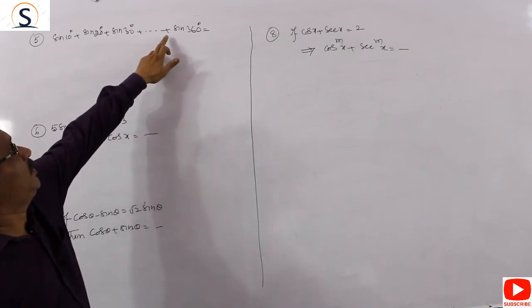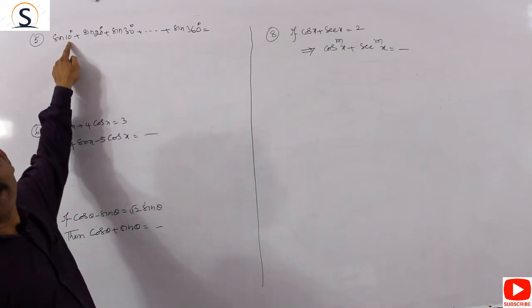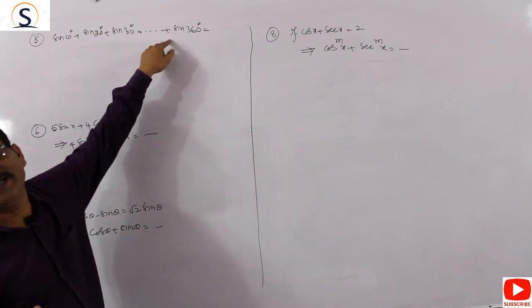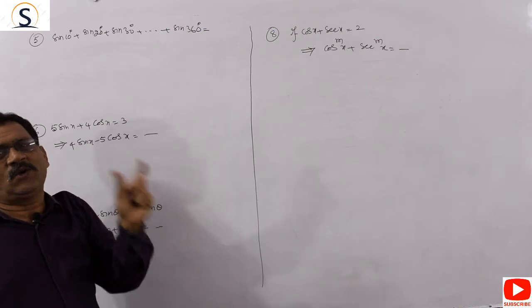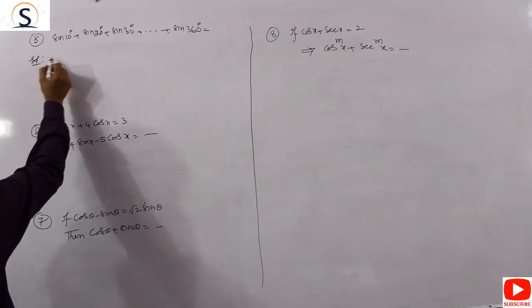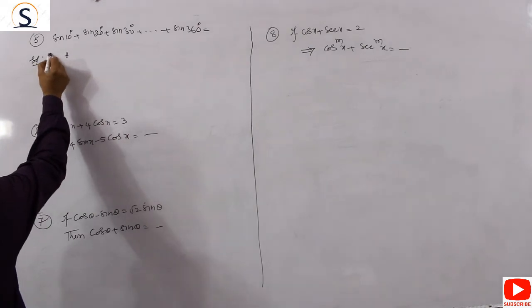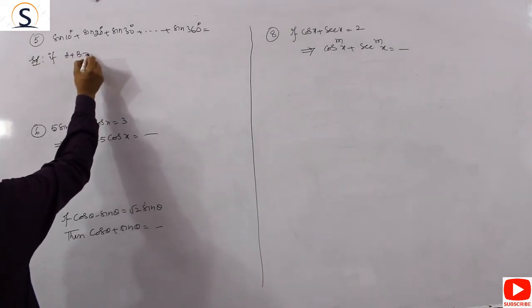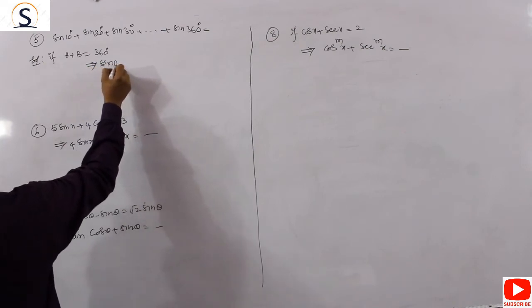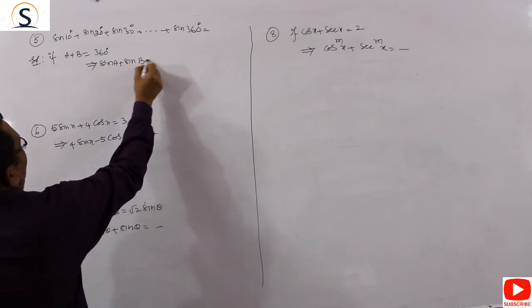That means sine 350, here is sine 10. If you take the angles 10 degrees and 350 degrees, whose sum is equal to 360 degrees. Now, here is a small formula: if A plus B is equal to 360 degrees, implies sin A plus sin B is equal to 0.